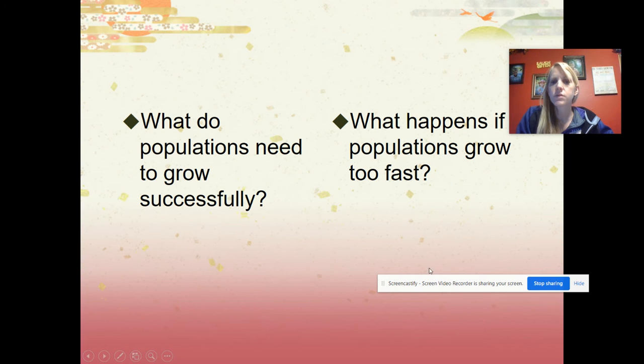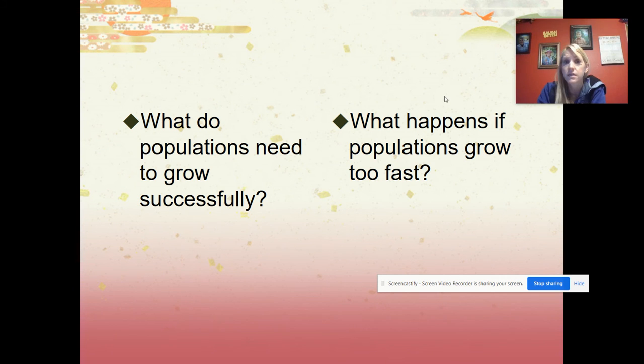So what are things populations need to grow successfully? They need space, right? They need to be able to spread out so they aren't on each other with competition and disease and whatnot. They need all the resources to make them successful: food, water, shelter, cleanliness, things like that. If the population grows too fast, you could run out of space and resources, because there's not enough time to get more resources.